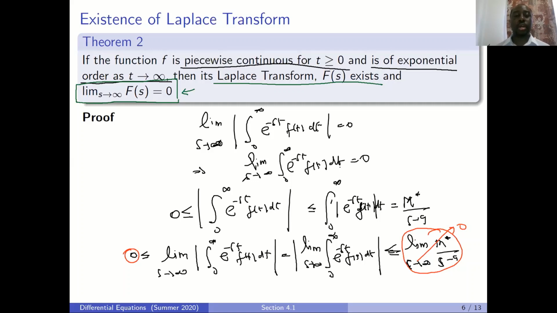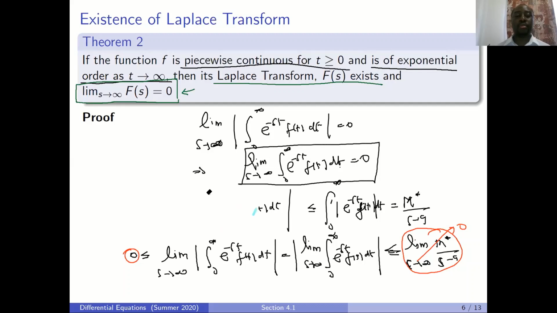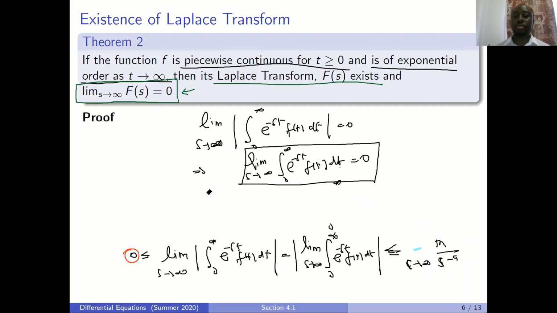And so this concludes our theorem: if you are able to construct the Laplace transform of some function, that transform will have to converge to 0 as s approaches infinity. So it must have a horizontal asymptote.